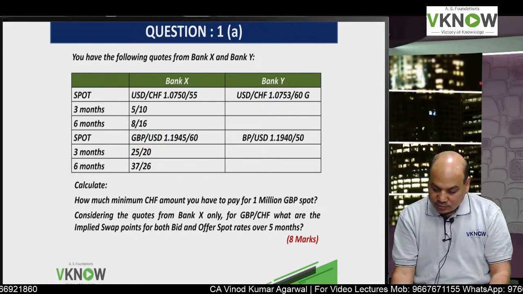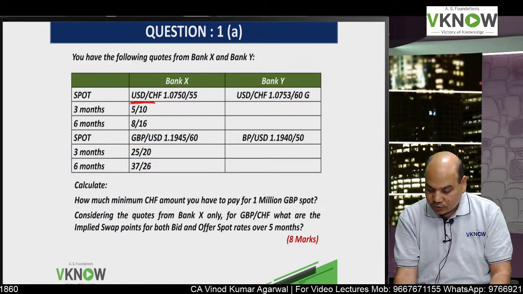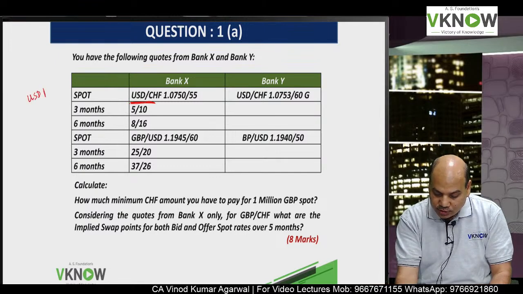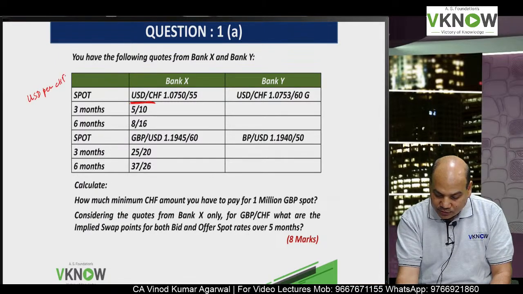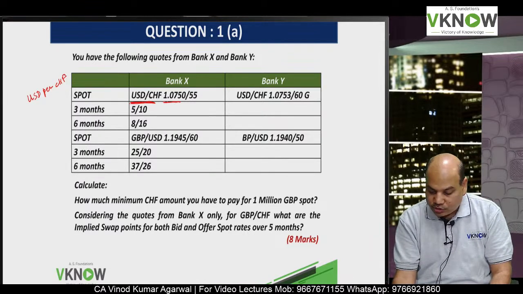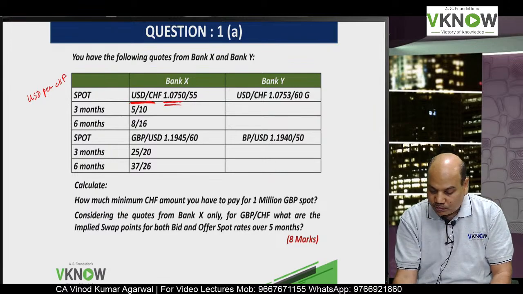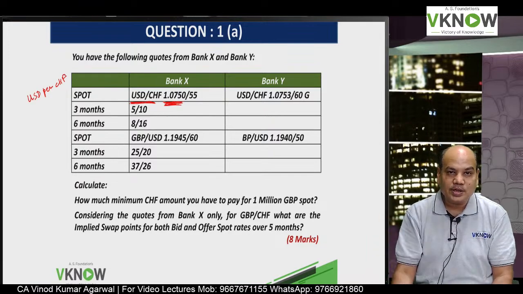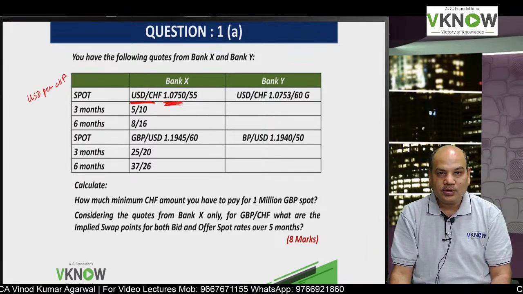And similarly, if you look at this carefully, from the drafting of the question, it is USD per CHF. 1 CHF will give you 1.0750 USD. From your general knowledge, probably you know that USD is more expensive than CHF, not the other way.